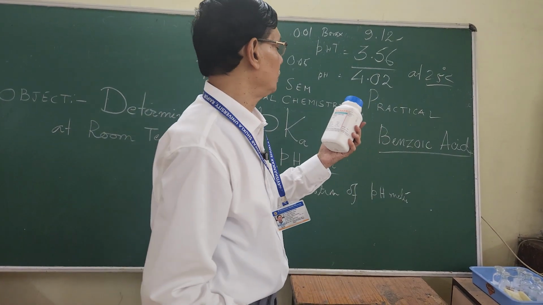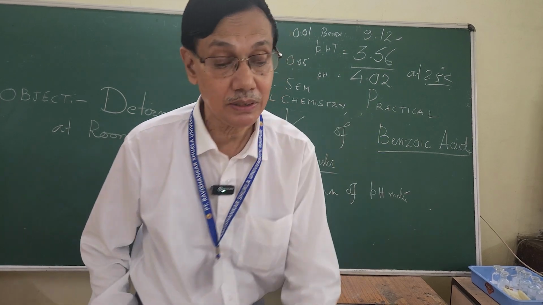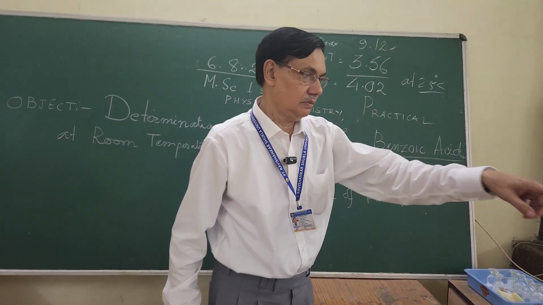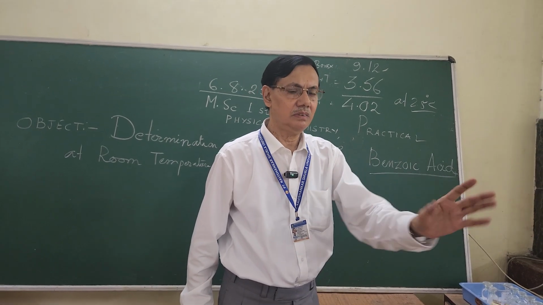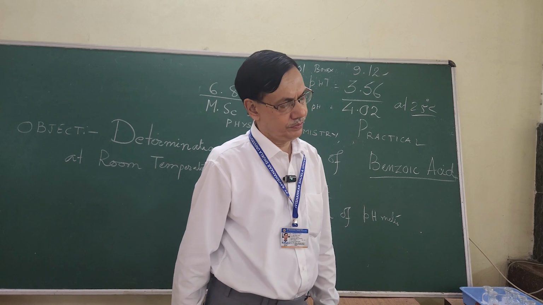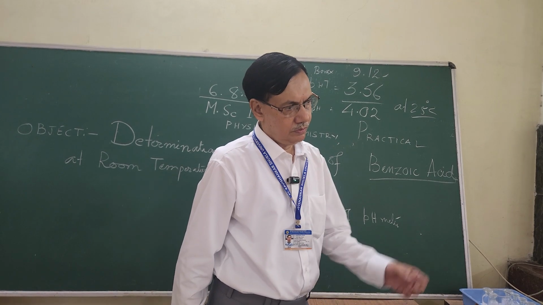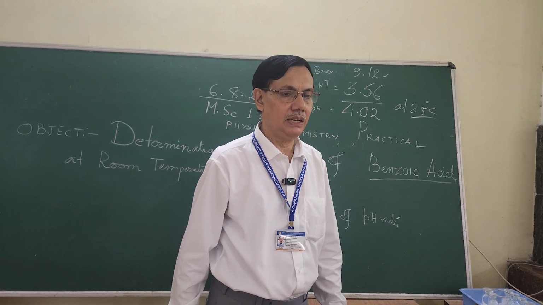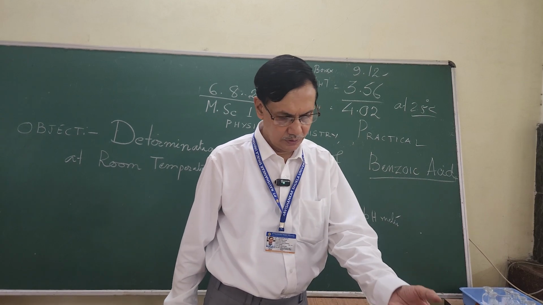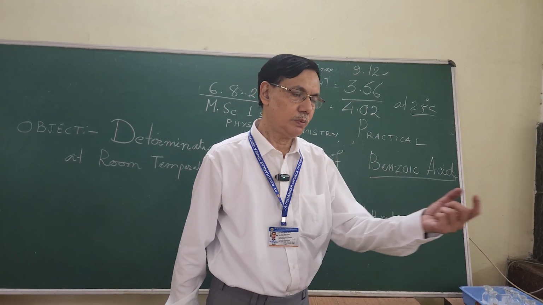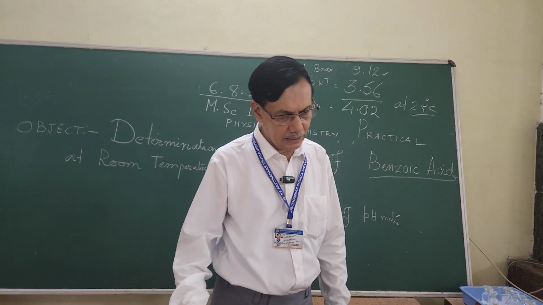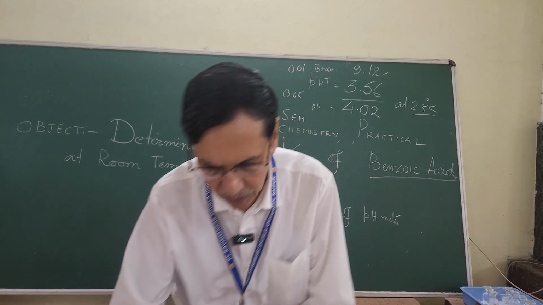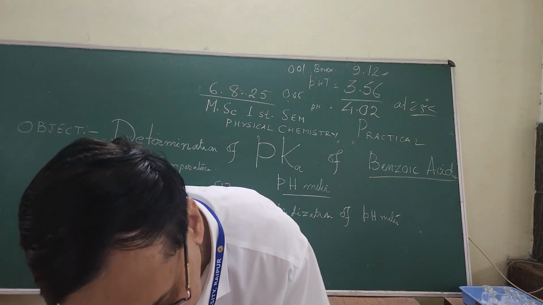And second is also sodium hydroxide. Why do we need the sodium hydroxide? Because when we titrate, benzoic acid has a slight solubility problem sometimes, so we will take hot water. We have to prepare 0.01 M benzoic acid, and we have to titrate with the sodium hydroxide. What is the grade of sodium hydroxide?